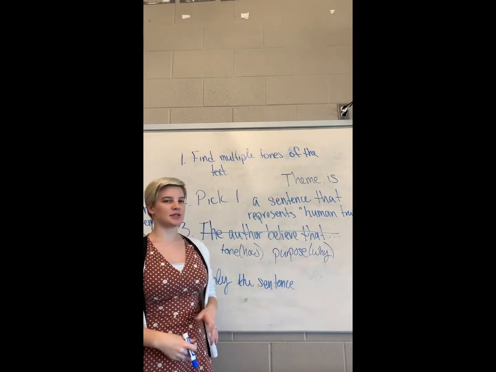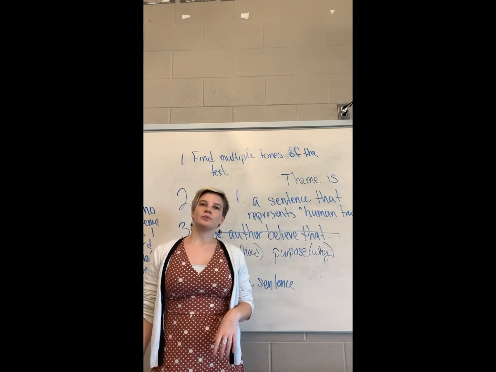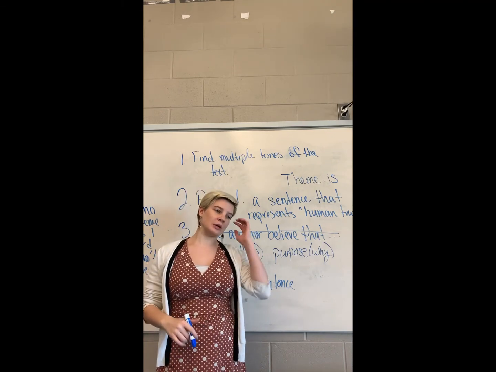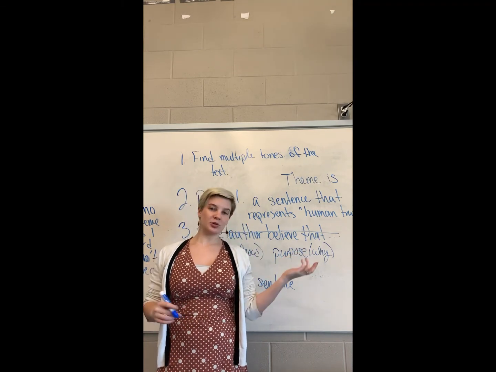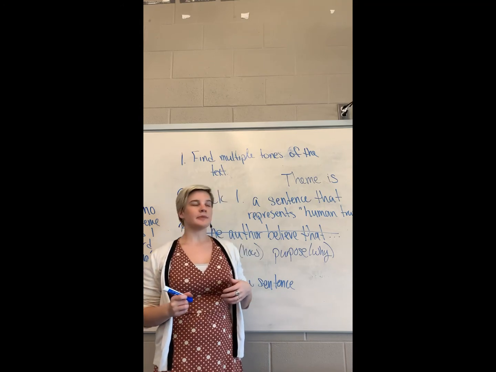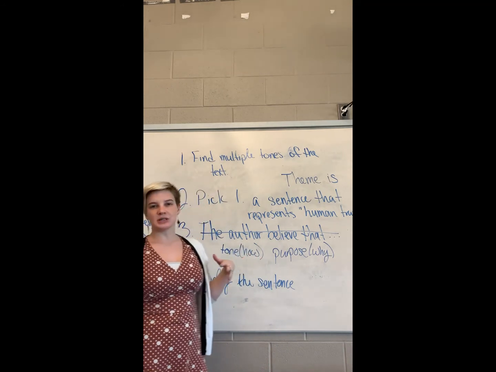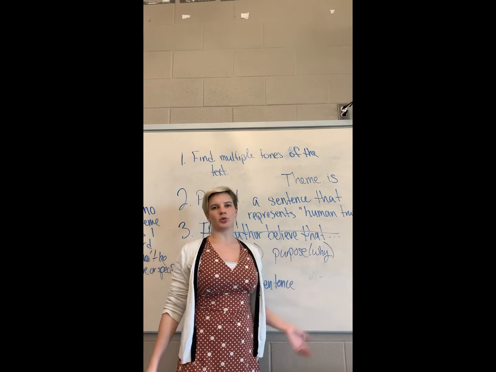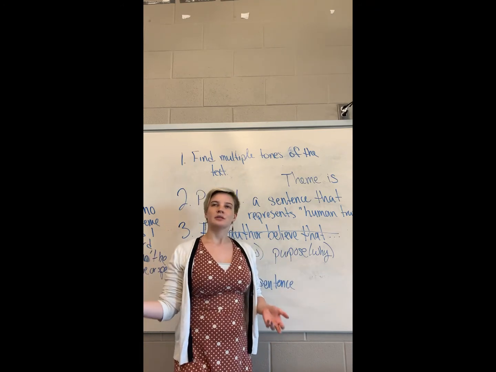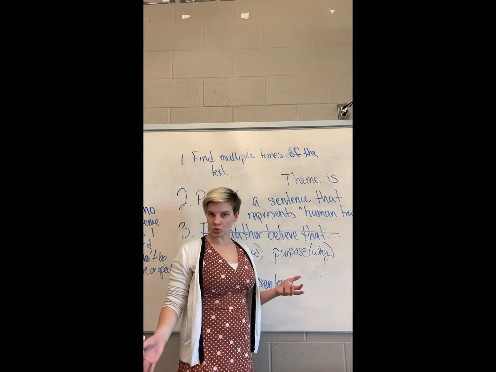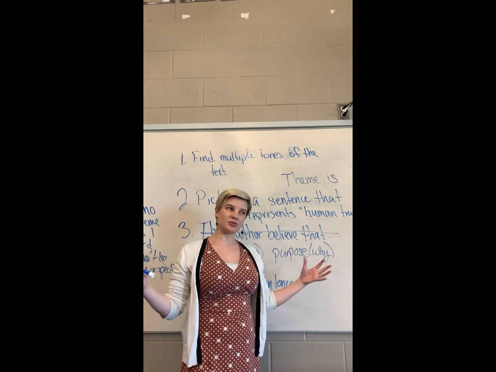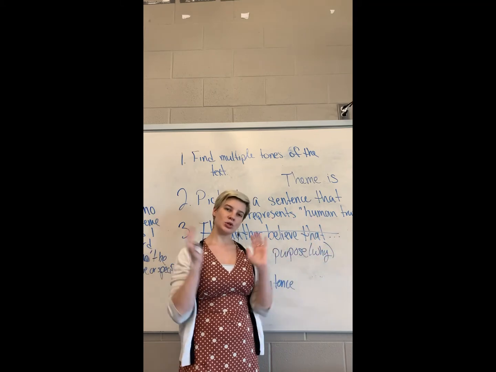So, you know, humans aren't very trustworthy, or people are typically out for themselves. If you were to say Miss Jenkins is not trustworthy, that would be too specific. But if you were just to say, people are not trustworthy, that's too vague. So we need to limit ourselves from being too vague or too specific.